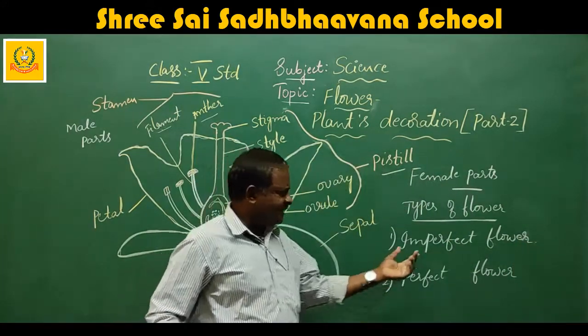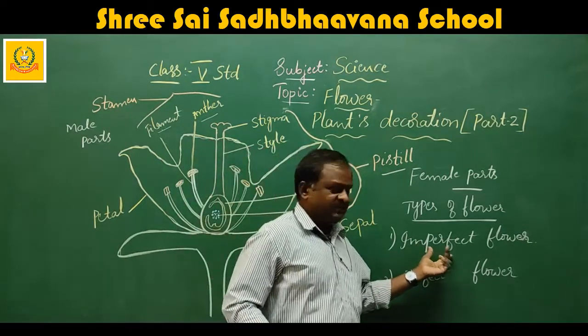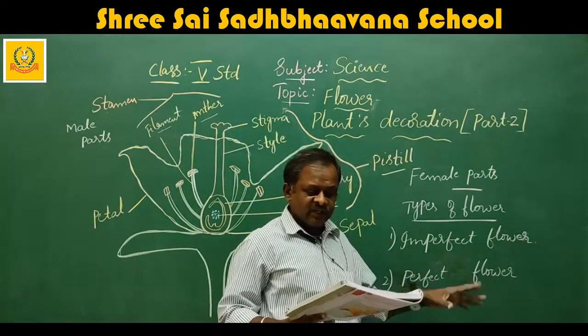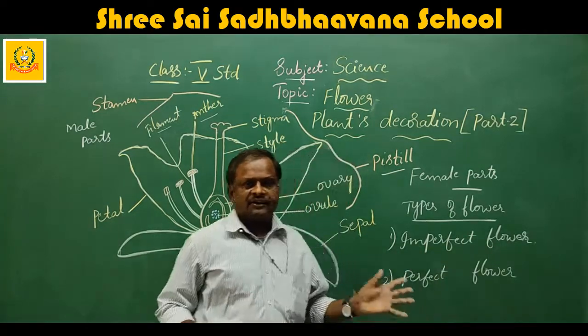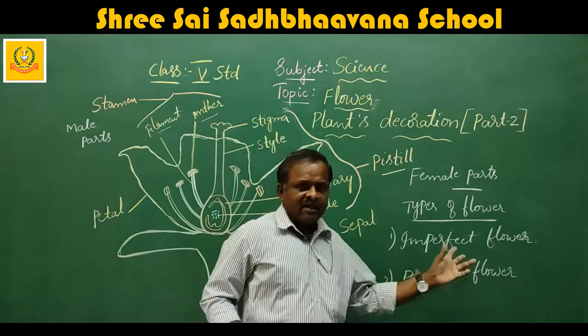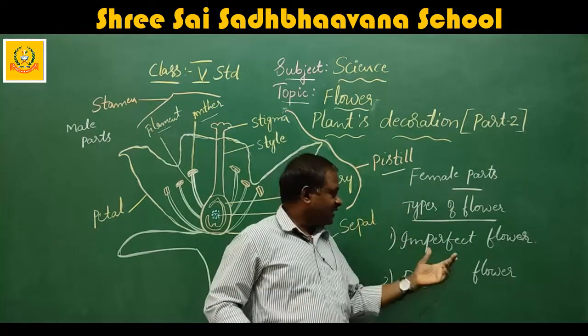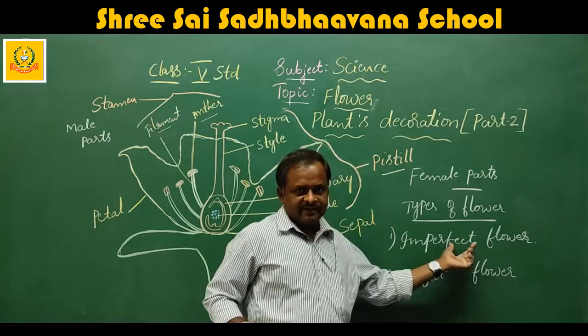So what is the meaning of imperfect and perfect? I will explain. Imperfect means a flower which has only either male or female parts. They don't have both. They are called imperfect flowers.